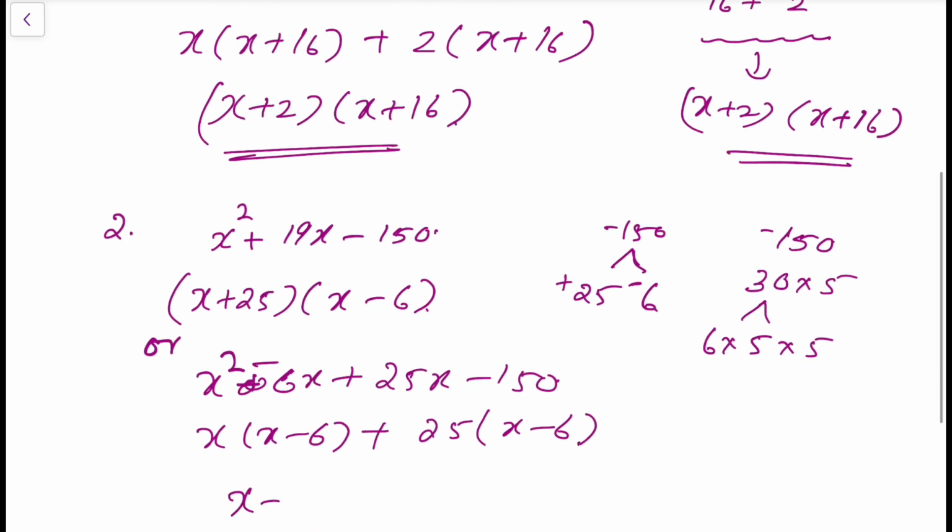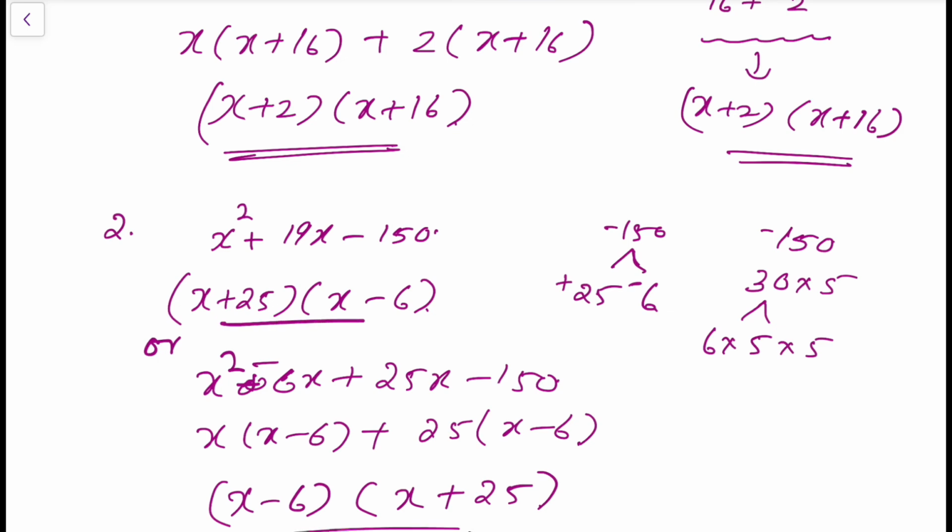So x minus 6 you will take out, then you are left with x in the first term and 25 in the second term. So you got the same thing. Hope it's clear.